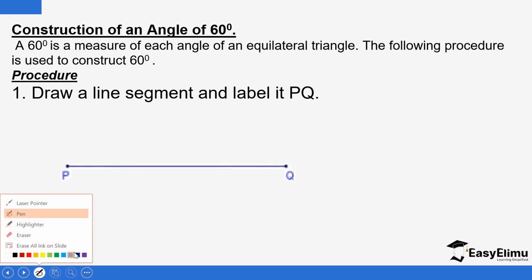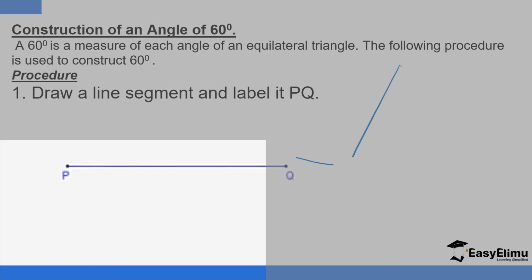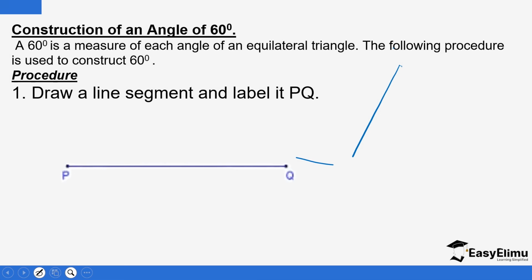If you are asked to construct an equilateral triangle, it will be very important for you to know how to construct an angle of 60 degrees, because now we know that if you have an equilateral triangle, each of the interior angles is going to be 60 degrees. So a good example of an equilateral triangle.